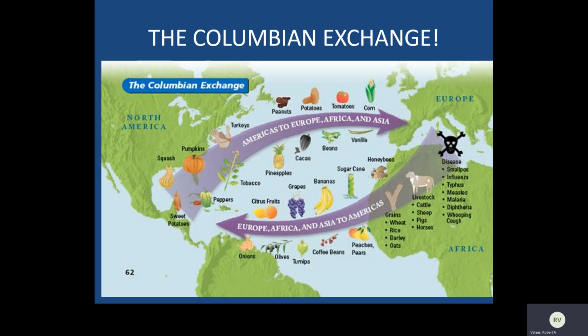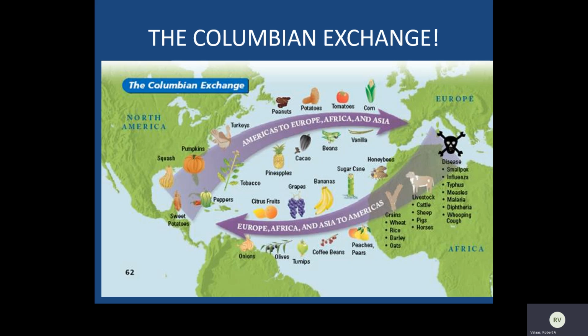And there's a good summary for you there in visual form of all the plants, animals, and pathogens that went from the Americas east to Afro-Eurasia, and the plants, animals, and pathogens that went west from Afro-Eurasia to the Americas, with profound effects for both of them.